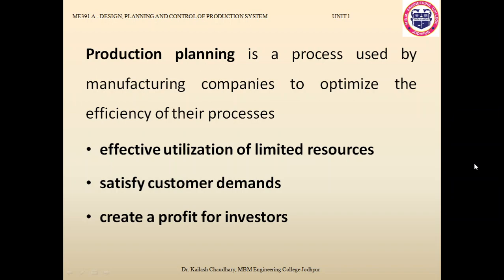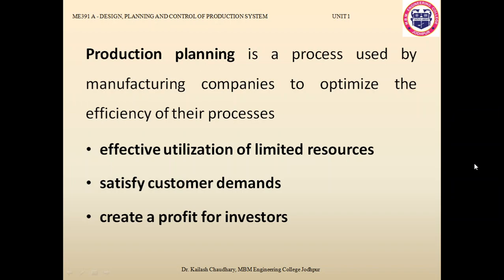So let us begin with the definition of production planning. Production planning is a process used by manufacturing companies to optimize the efficiency of their processes. Now to optimize the efficiency, we can get using effective utilization of limited resources and satisfying the customer demands, and by creating a profit for investors.